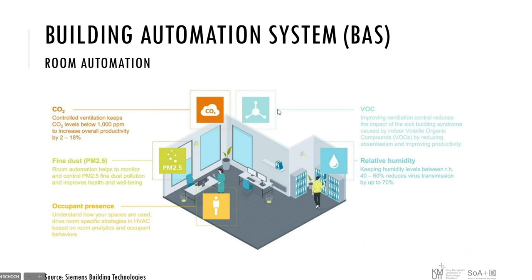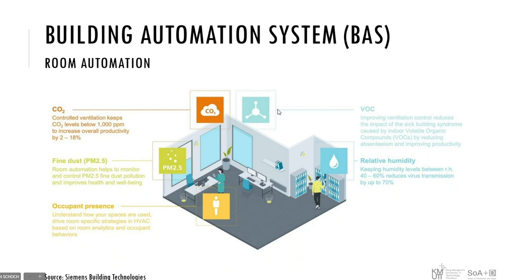Some other room automation features are more related to office design. So, for example, you can control the indoor air quality. That can go all the way to PM 2.5, which can measure the interior dust pollution.